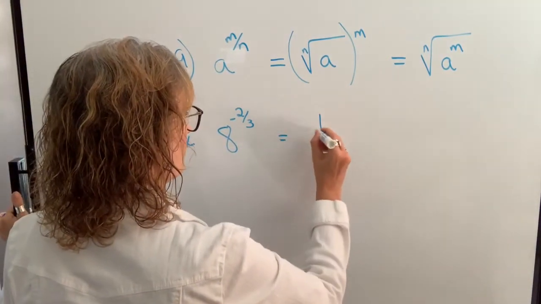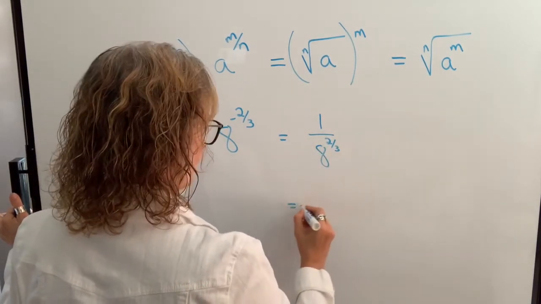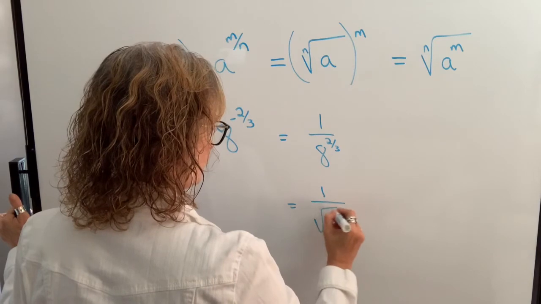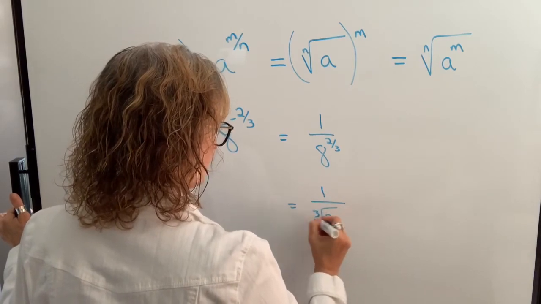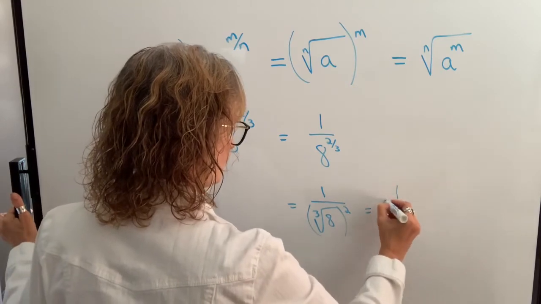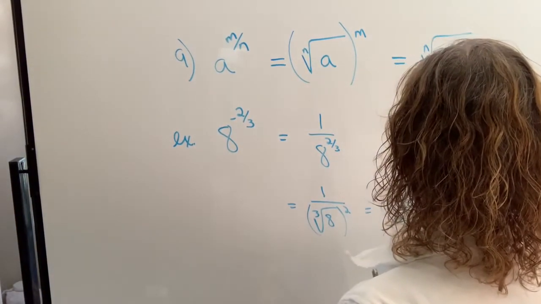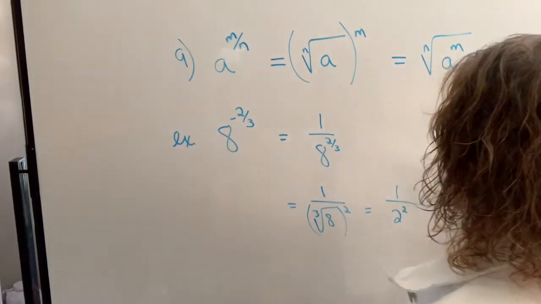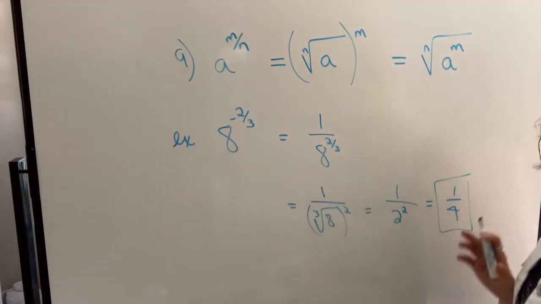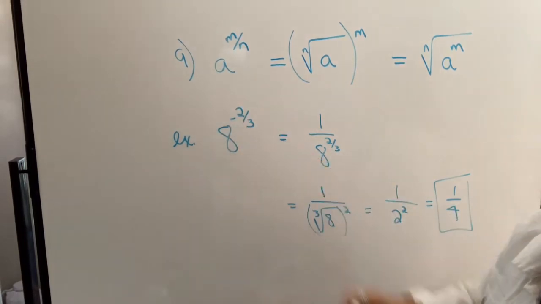So this is going to be 1 over 8 to the 2/3. And we know that that's going to be 1 over the cubed root of 8 squared. And the cubed root of 8, as I mentioned, was 2. So that's how we can evaluate a number when we have a fractional and negative exponent.